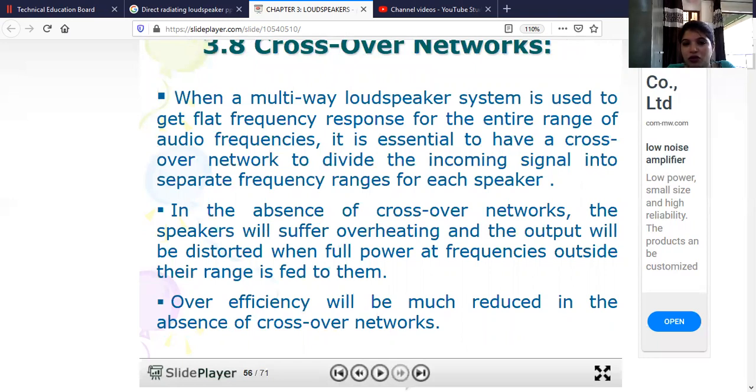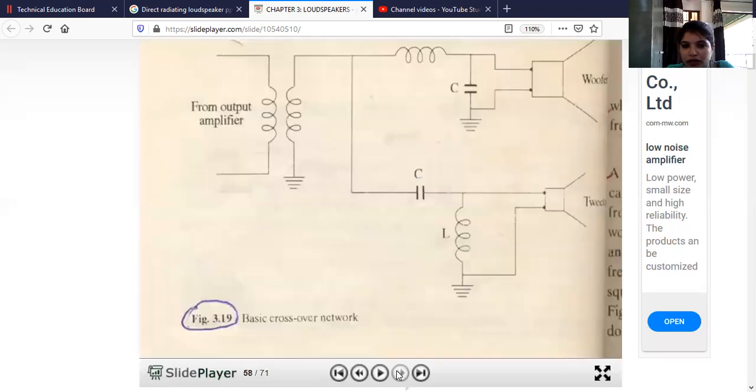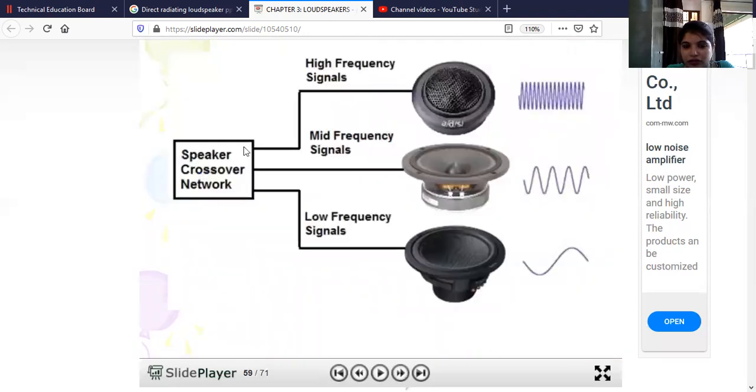Now what is a crossover network? Crossover networks provide different parts to different types of sound so that we could analyze the frequency of sound and it will be connected to the corresponding speaker like this. This is the crossover network. It will provide a high frequency signal to this speaker, mid frequency to this, and low frequency signals to this. Characteristics of all these speakers will be different.